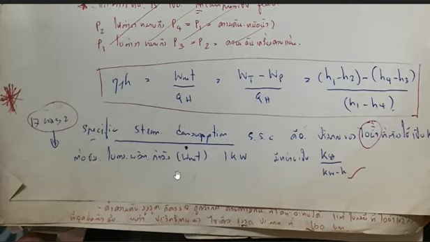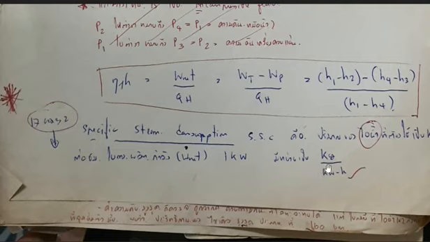Another important value that we need to determine is the specific steam consumption, or SSC. Specific steam consumption is the amount of steam, in kilogram per hour, that we need to produce to give the work net of 1 kilowatt per hour. So the unit of specific steam consumption would be kilogram per kilowatt hour.